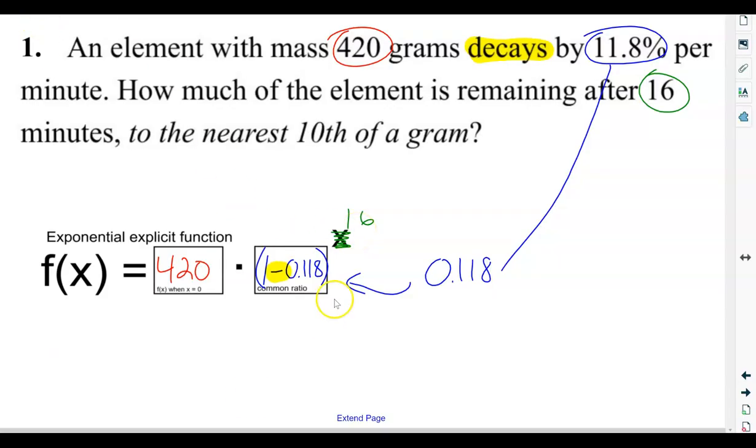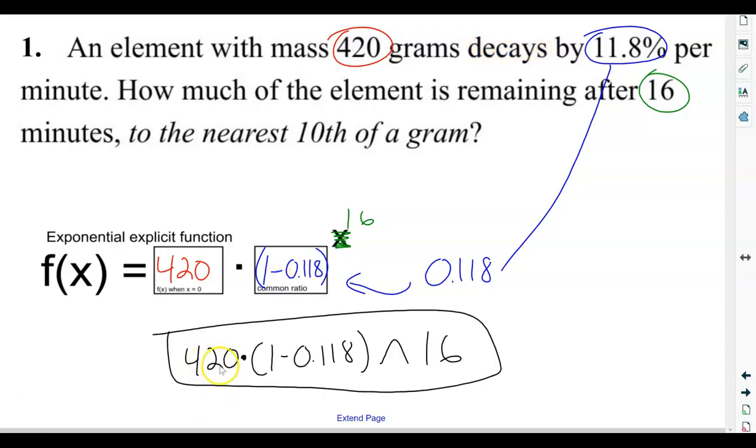Now the reason we're using minus is because it's a decay. So since it's decaying, we're going to use minus here. Alright, once you do this, all you have to do now is type it into the calculator.